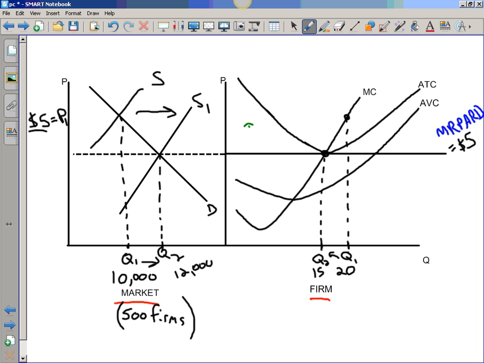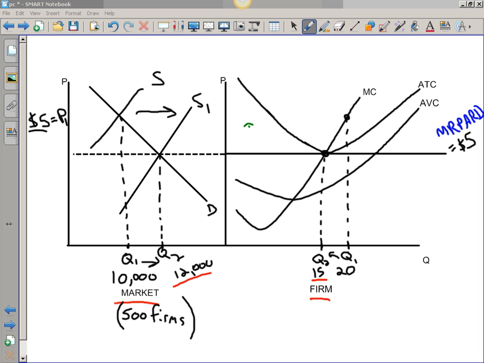Now, how is it possible that we have 12,000 being produced in the market now, but each firm is producing less than it was before, at 15? Well, the way that that happens is because firms have entered the market.